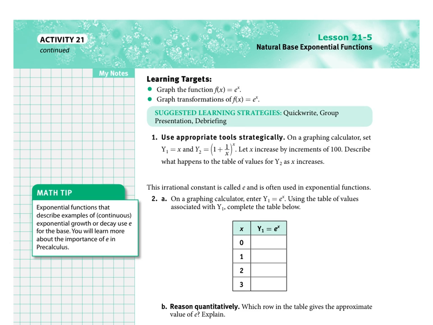In this one, we're looking at a graph that's f of x equals e to the x. E is called the natural base.